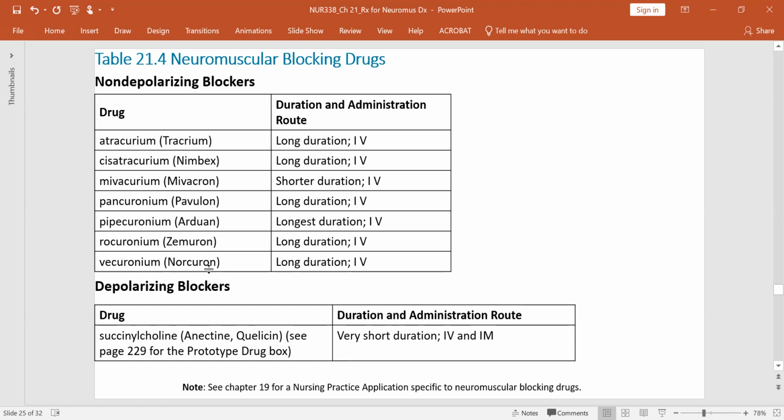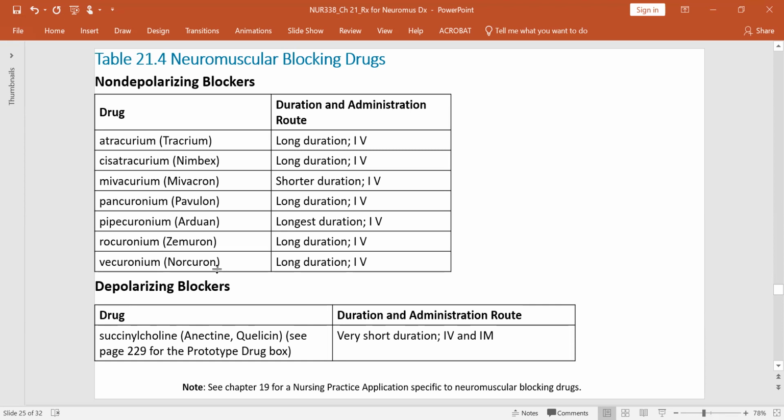All these 7 medications in this table are non-depolarizing blockers, but the most common one is pancuronium. As long as the drug interferes with the binding of acetylcholine because it competes for the receptor, the muscle remains relaxed.